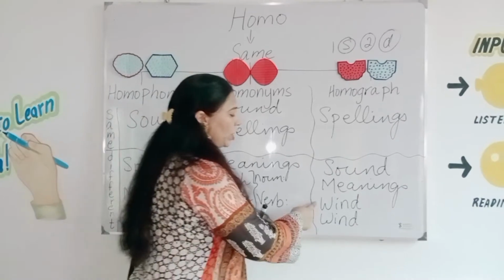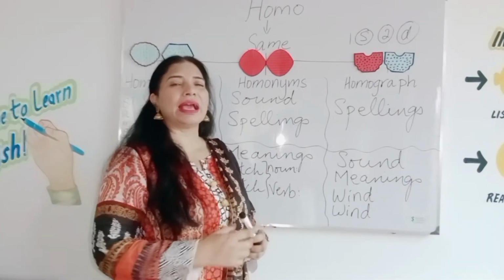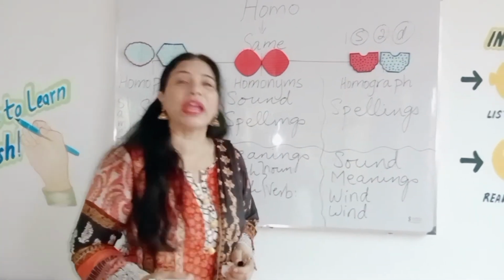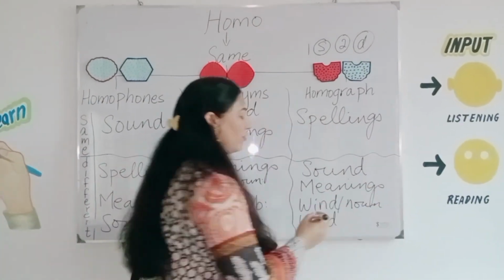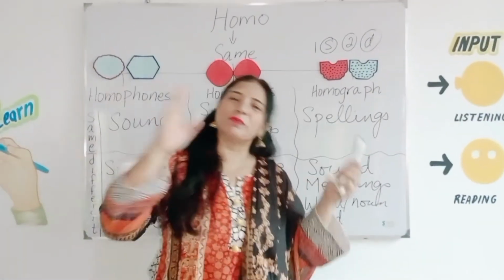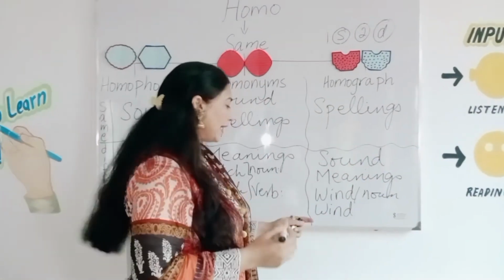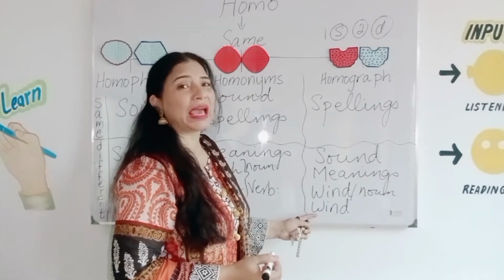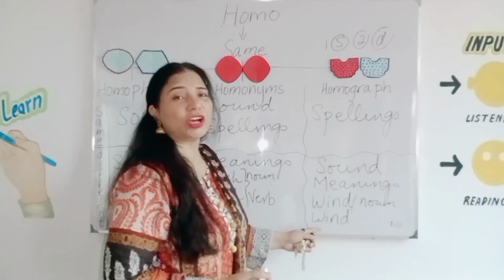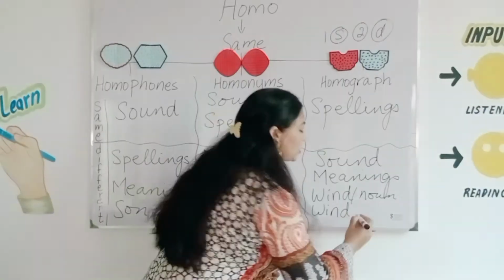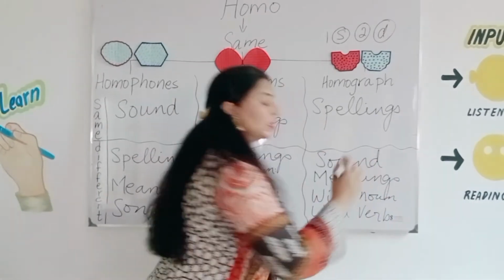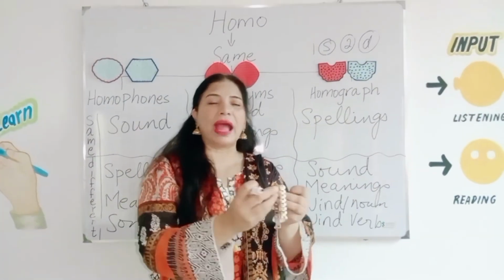Because the first word W-I-N-D is wind. That is noun. When we say the wind is blowing. The second word has the same spelling, but the pronunciation of this word is now wind, and it is used as a verb: I am winding my watch.